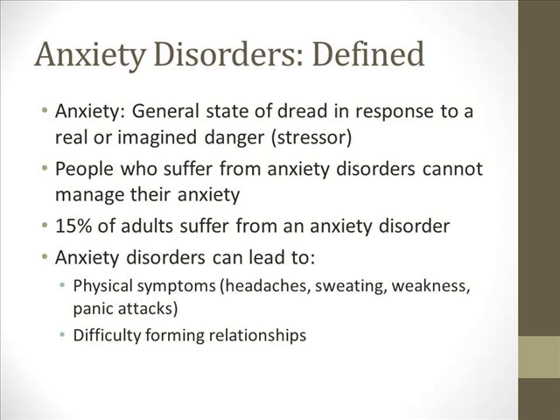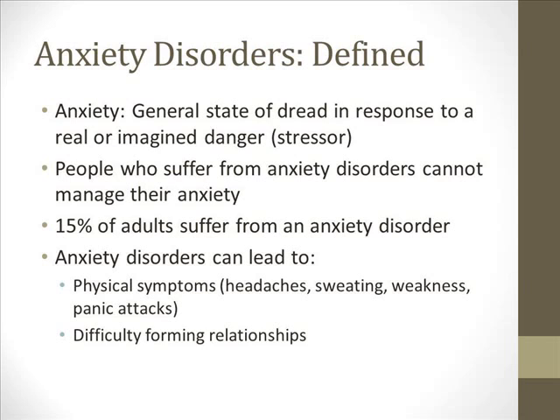So anxiety, and we've all felt anxiety, is a general state of dread in response to a real or imagined danger, or, as we used in the previous lesson, a stressor. So if we have a stressor, if stress is put on us and we are anxious, we're worried, we're fearful about something, that means we have anxiety. Now, everybody has anxiety.